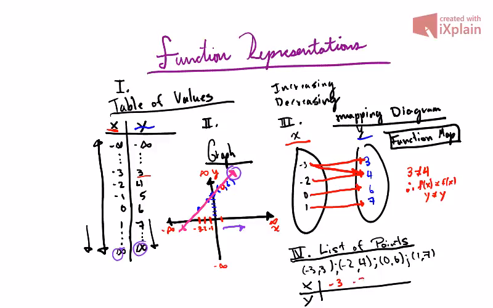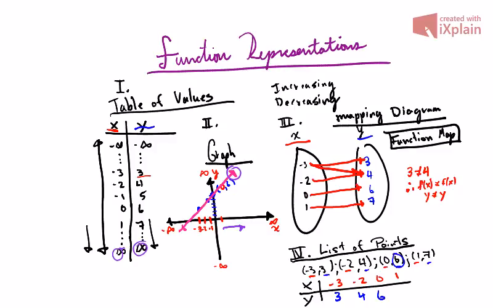So negative 3, negative 2, 0, and 1. I pulled out the first part of each coordinate point, and then we get some y value. When x is negative 3, y equals 3. When x is negative 2, y equals 4. When x equals 0, y is going to equal 6.